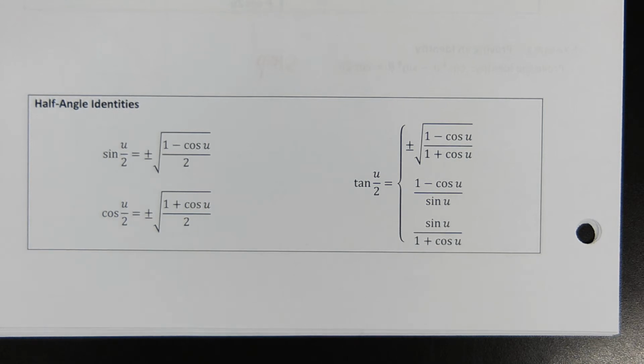I will not be having you prove the double angle identities ever. I'm just going to have you using them. And they're on the reference sheet. So no, you don't have to have them memorized, but you do need to be pretty darn quick at using them.